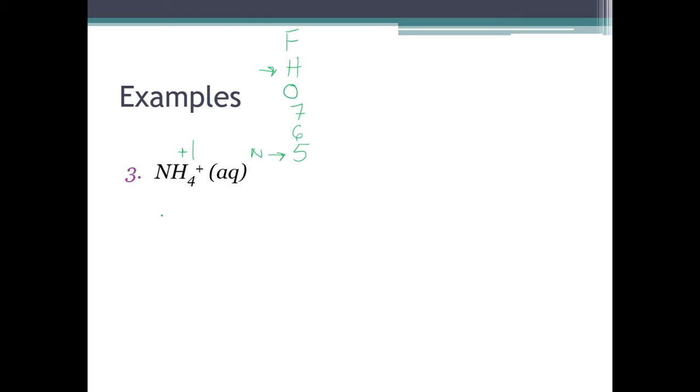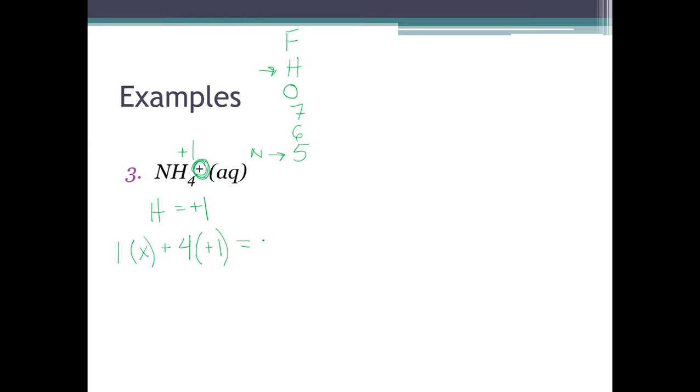So now we'll do the same thing we did a second ago. We'll say hydrogen is going to be +1, and then we'll do some algebra. We have 1 nitrogen. We do not know its oxidation state. Plus, we have 4 hydrogens. They each have an oxidation state of +1. Here's how this is different from our last problem. Now the charge on this compound is a +1. So these are not going to add up to 0.